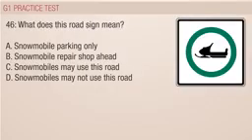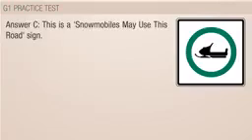Question 46. What does this road sign mean? A. Snowmobile parking only. B. Snowmobile repair shop ahead. C. Snowmobiles may use this road. D. Snowmobiles may not use this road. Answer C. This is a snowmobiles may use this road sign.